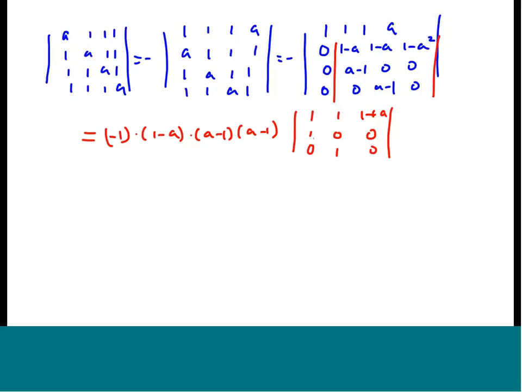So, okay, one step at a time. Here's a minus 1 to the cubic already. You switch it, then get 1, 0, 0, 1, 1, 1 plus a, then 0, 1, 0, get minus again here.